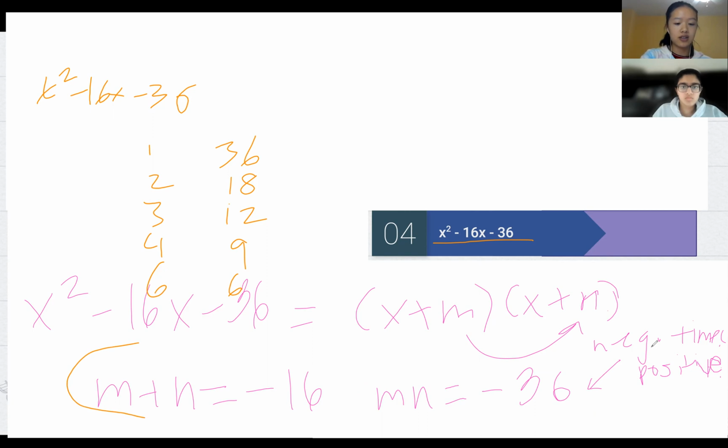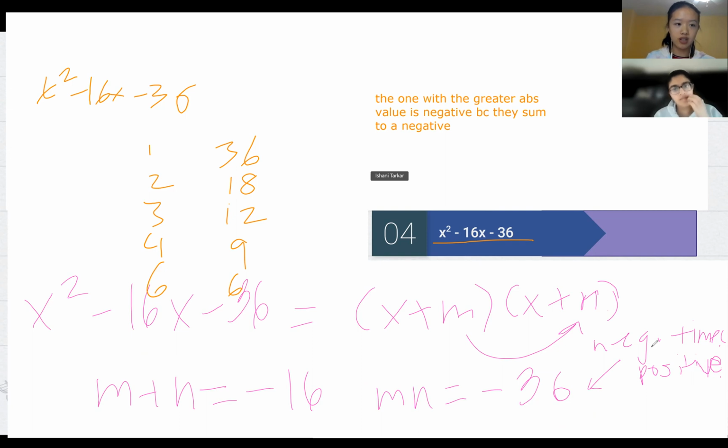The other thing is that this equation tells us that when we add these two factors together, they should equal a negative number. That tells us the bigger number in the factor pair is negative, because a smaller positive number added to a big negative number gives a negative answer, which is what we want here. So we can just add a negative sign to all of these.